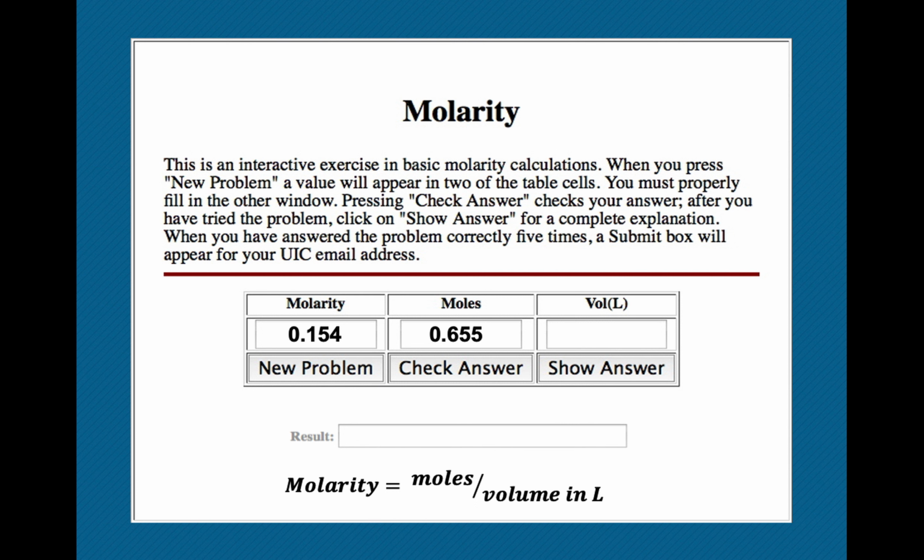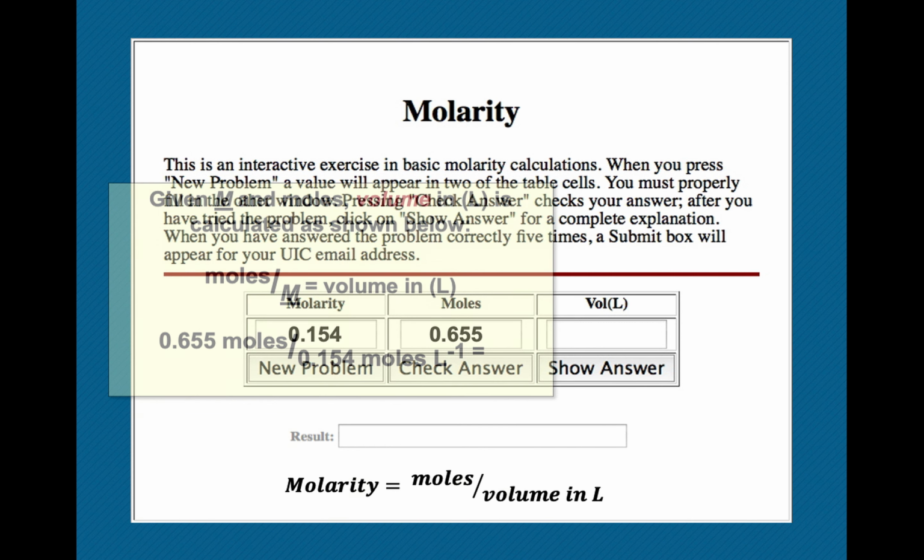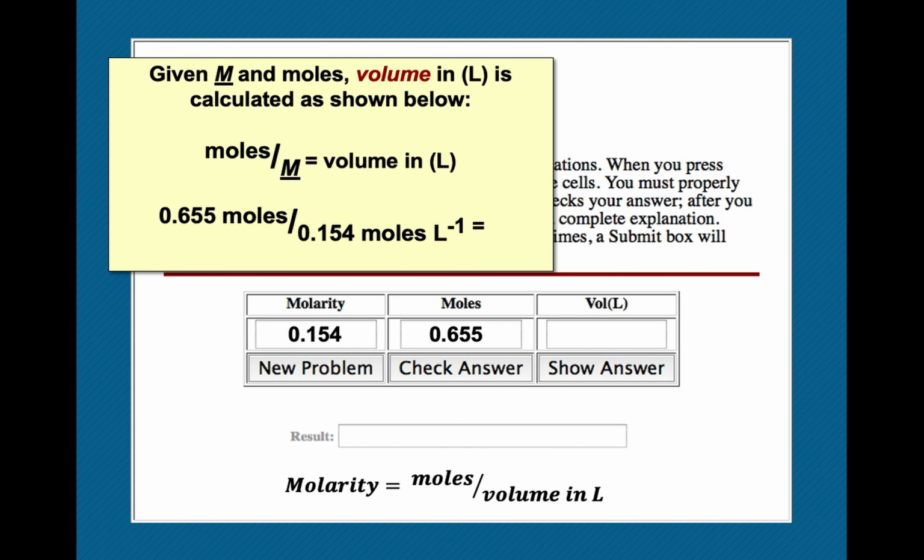We are solving here for liters. Liters is going to be moles divided by molarity. We have moles per liter. Simply do the division for 0.26 liters.